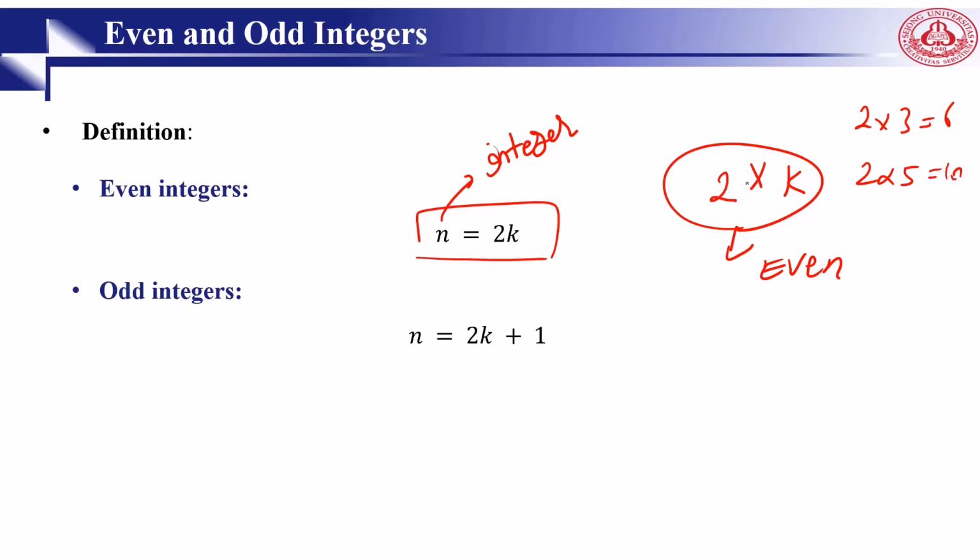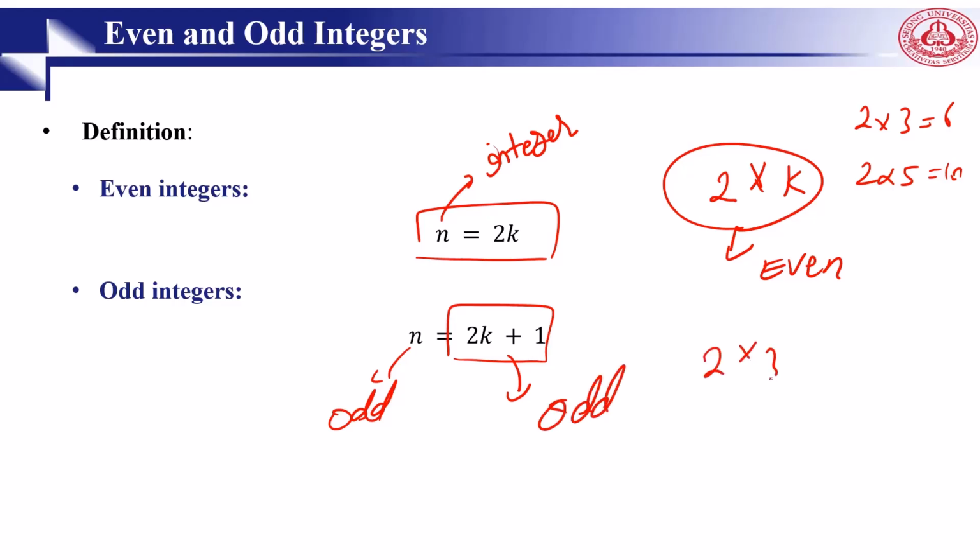So 2 multiplied by any integer is even. For odd, n equals 2k plus 1, where k is any integer, and the result is odd. 2 multiplied by 3 plus 1 is equal to 7. 2 multiplied by 5 plus 1 is 11.